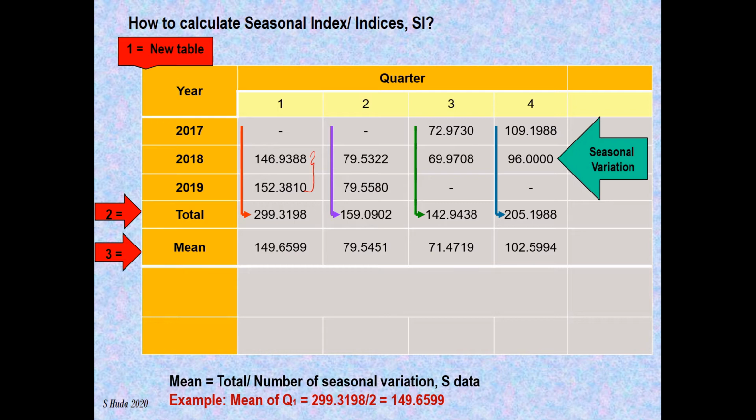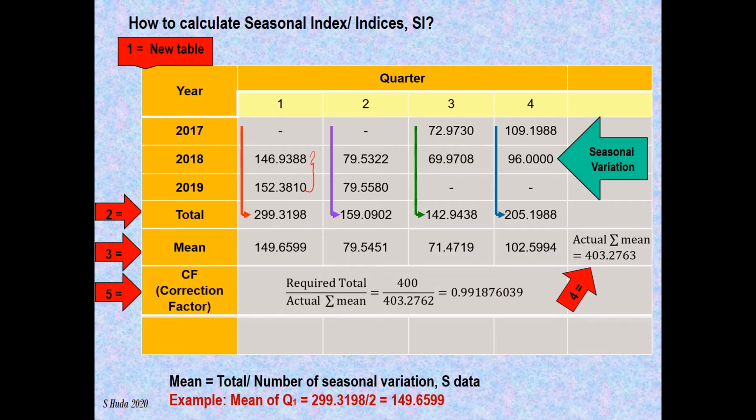Step number 4, calculate the total mean. The total mean equals 403.2763, which is not equal to 400. Why 400? Because you have 4 quarters. So it is not equal to 400. Therefore, you need to calculate the correction factor. The correction factor is the required total, which is 400, divided by the total mean.